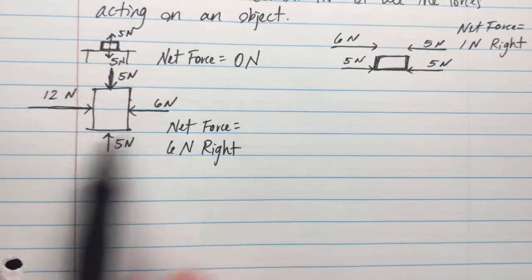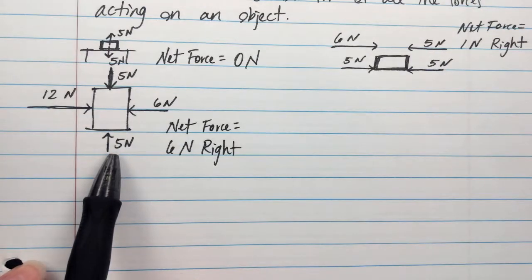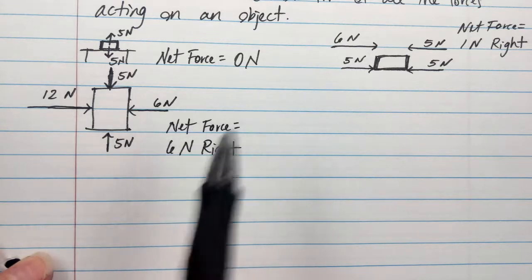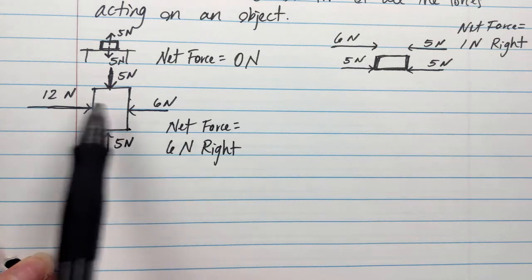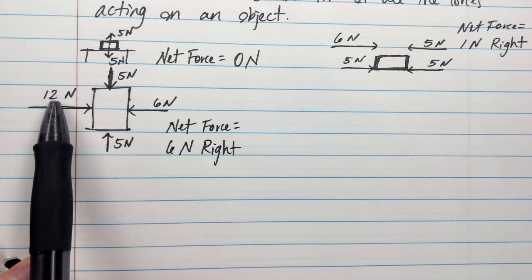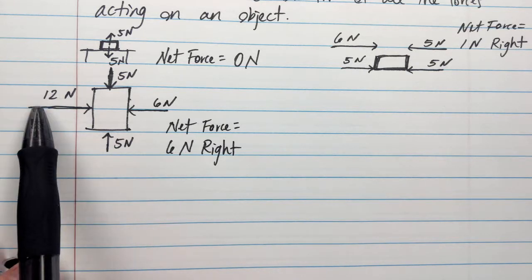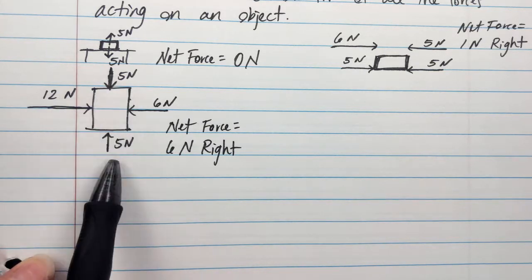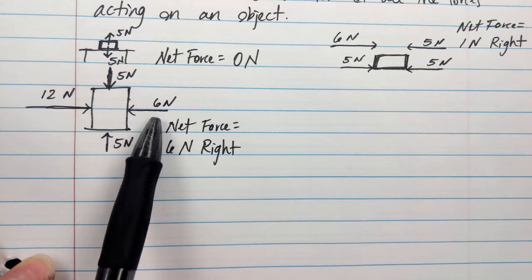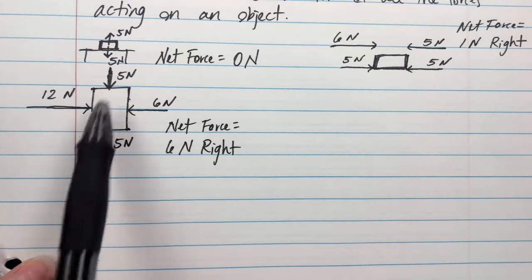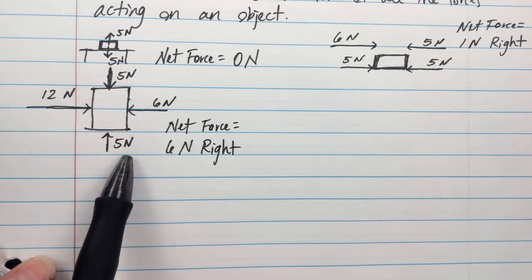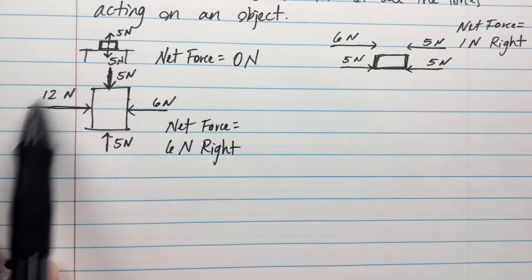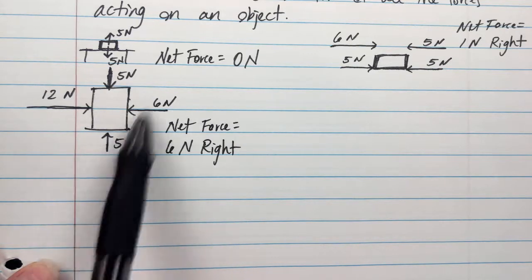What happens if all of these are the same, but this is 6? If this is 12, this is 12, this is 12, this is 12, and this is 6? And these are 6 and 5?